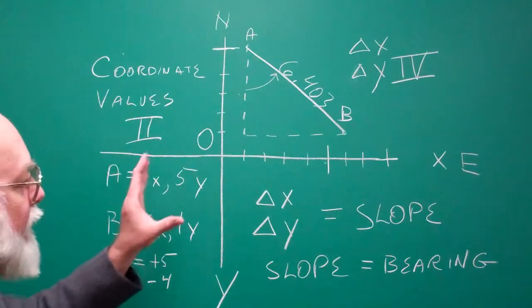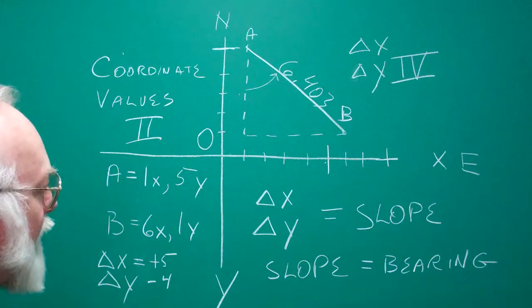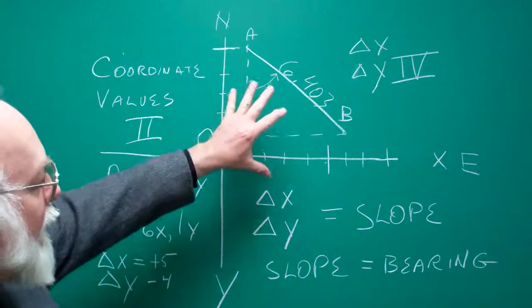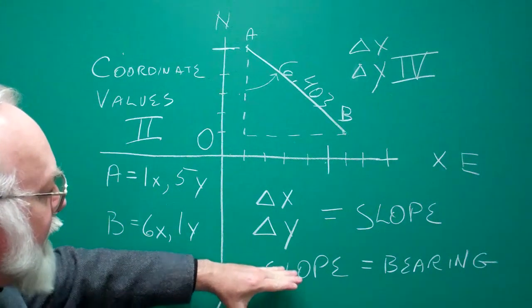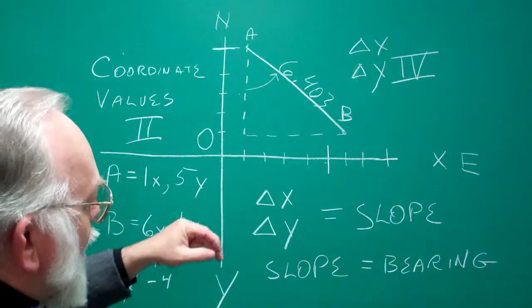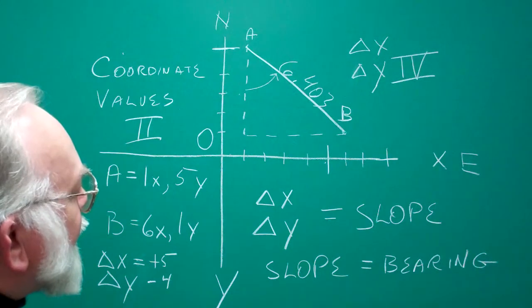And the reason that you're going to start at some other point is that you always want all of your numbers to be in quadrant 1. You never want to get into negative values. Now you can go down in value, but you never want to cross that equator or that meridian.